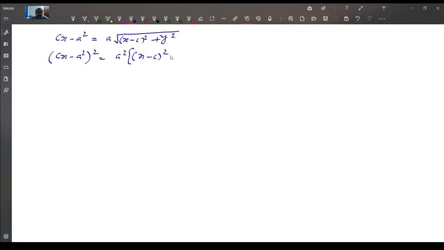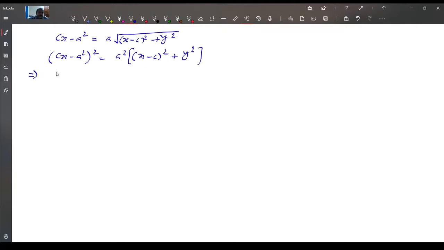So we have this equation: cx minus a square is equal to a into root of (x minus c) the whole square plus y square. Now again squaring on both sides, you will get (cx minus a square) the whole square is equal to a square into ((x minus c) the whole square plus y square).